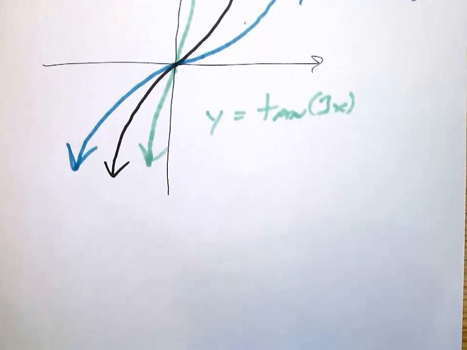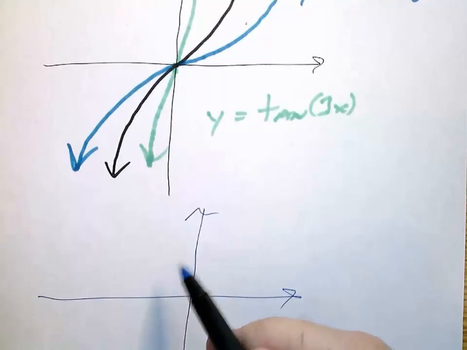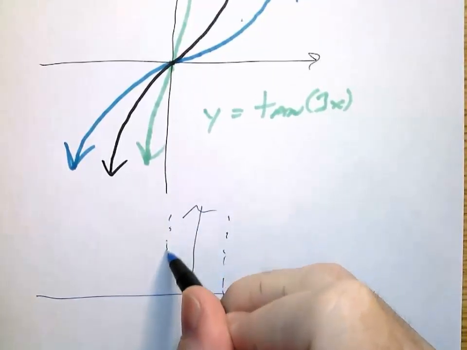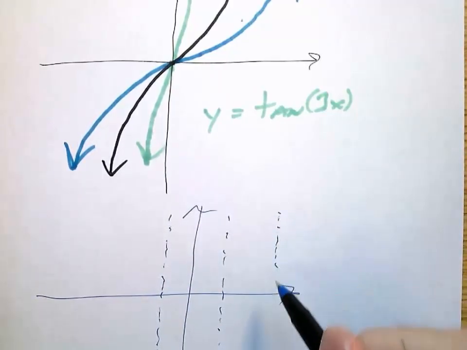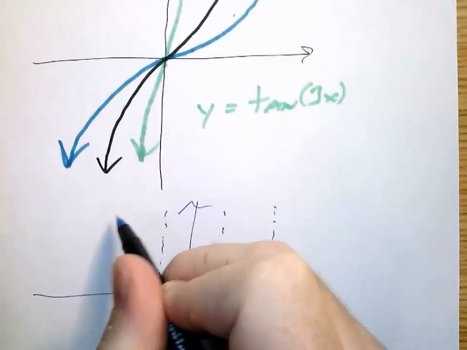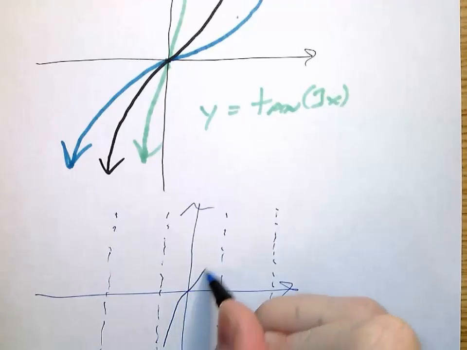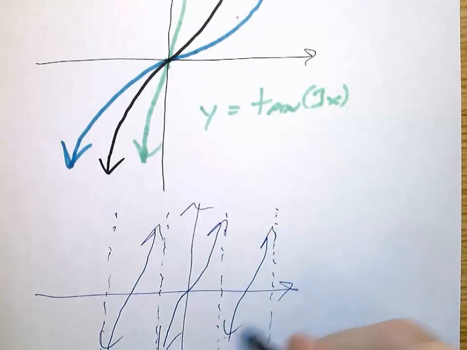So we would have our asymptotes equally spaced here. And so we're going to have something like this, etc. So that's my graph of the whole thing.